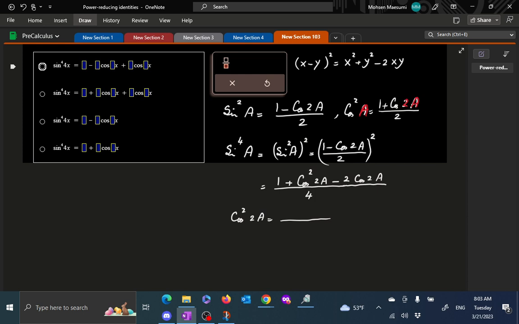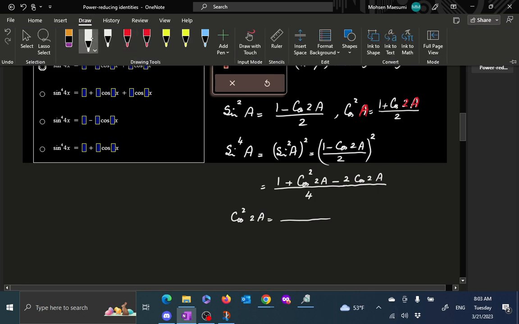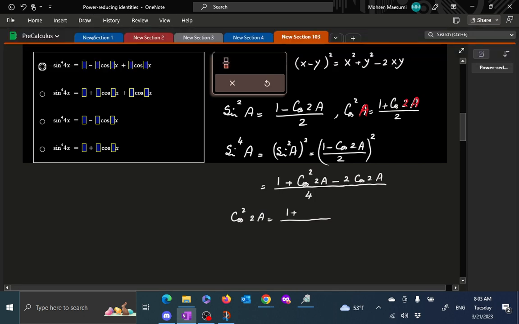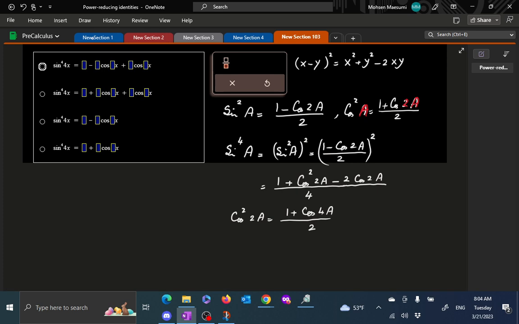The net result is that I get 1 plus cosine of 4a divided by 2. So what we did here is an important, simple substitution. A formula written for some variable, I am looking at the double of that variable. I just double everywhere.